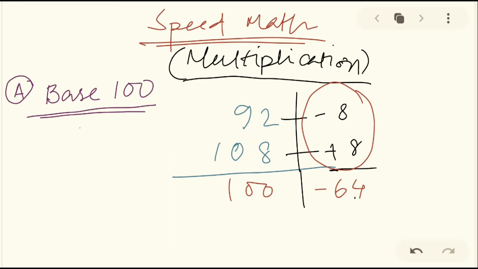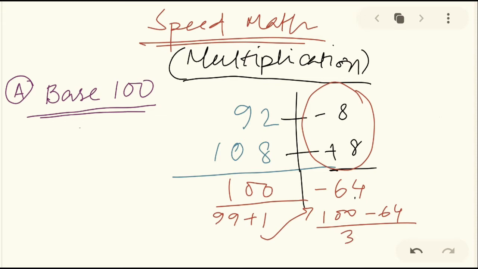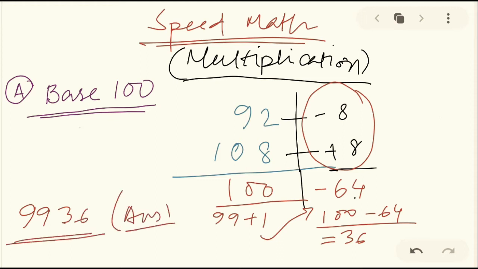Now what we'll do, we can write this 100 as 99 plus 1, and this 1 put here as a carry forward and treat it as 100. So 100 minus 64 will come as 36. So our new answer will be 9936. You can verify this using the calculator, or we'll verify like this: 108 times 92.